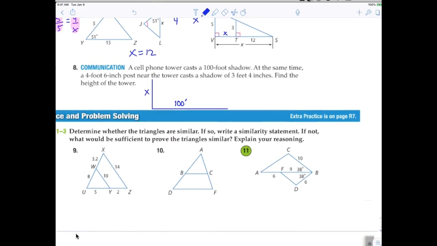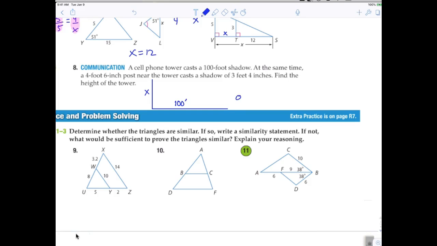Now, again, is it really even necessary to draw the triangle? No, because I'm not interested in the hypotenuse. It says next, at the same time, somebody who's 4'6", but instead of saying 4'6", we're just going to say 4.5 feet.